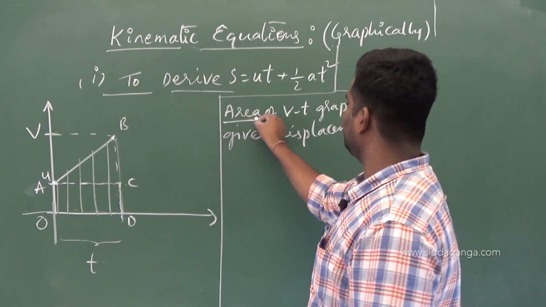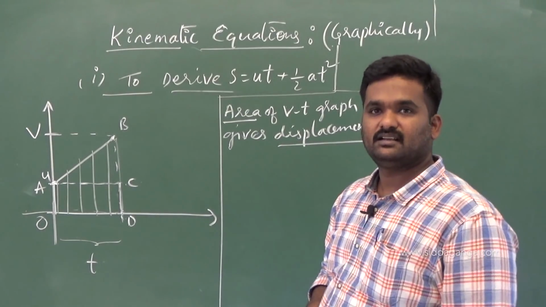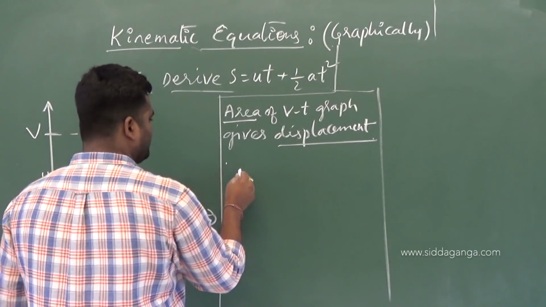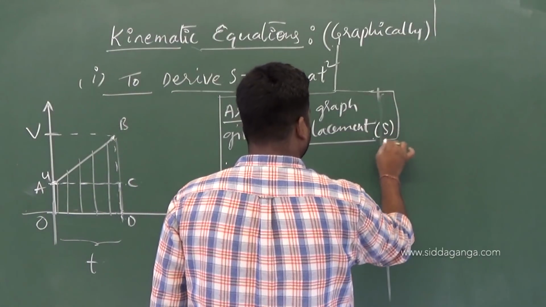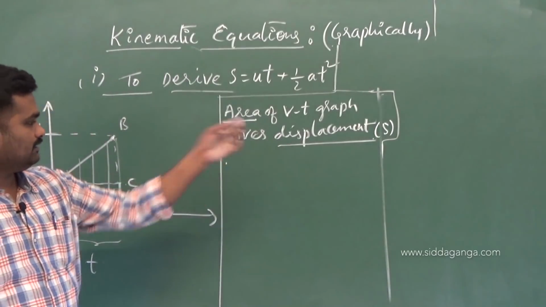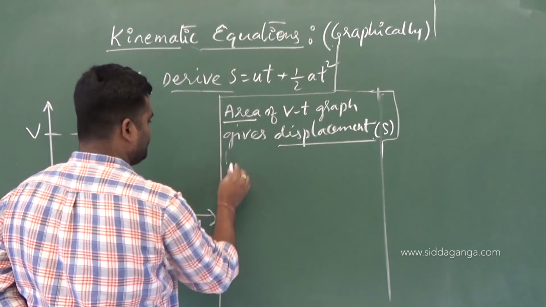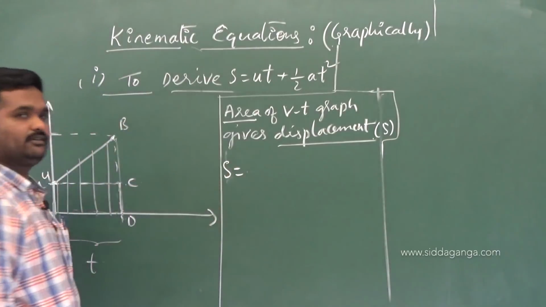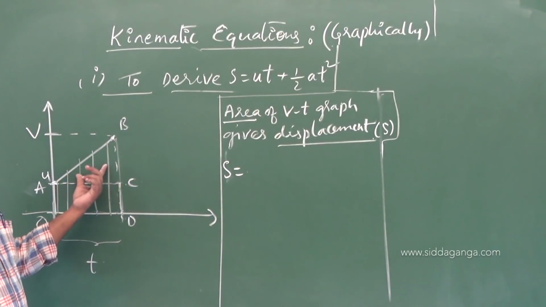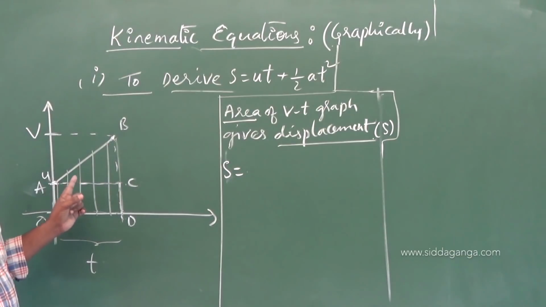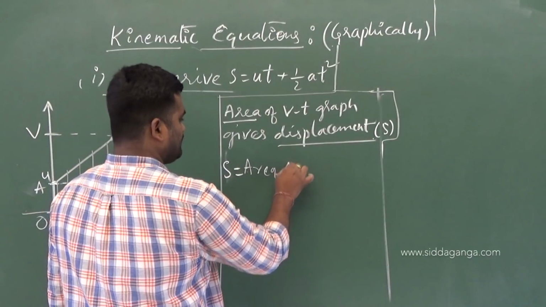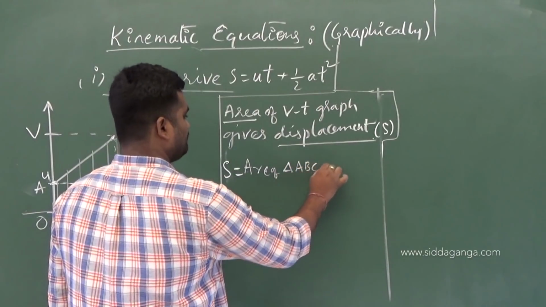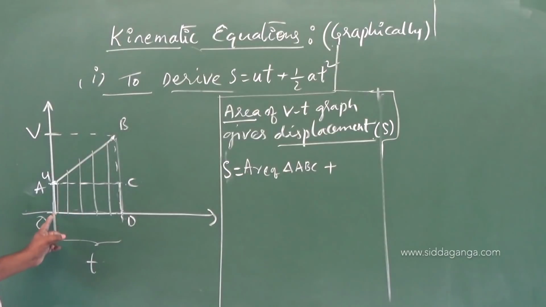I told you area gives displacement. Okay. So displacement I will write in the bracket, displacement S. What is the area here? How to write down this area? Tell me now. Yes, displacement equals area of triangle ABC plus area of rectangle OACD.